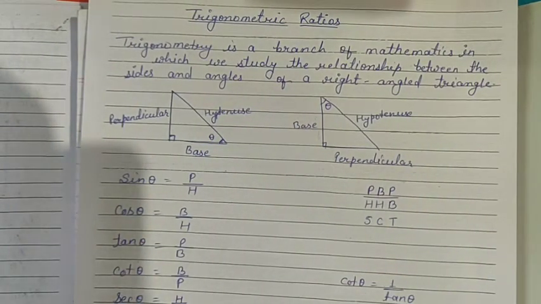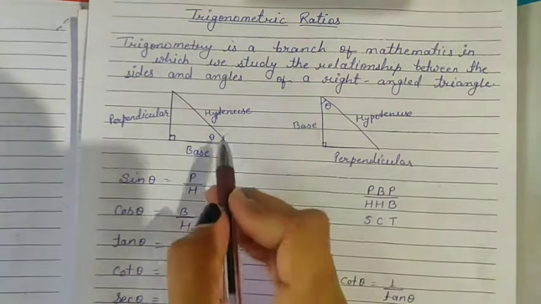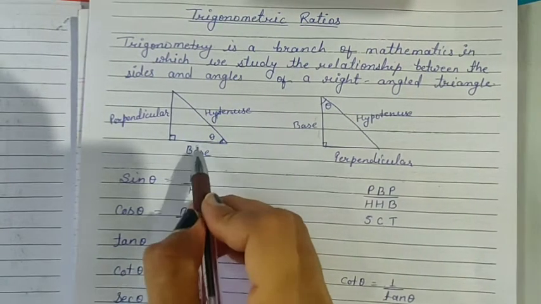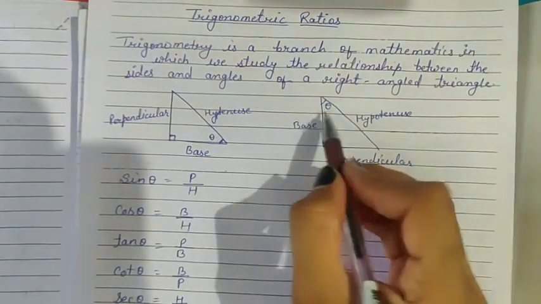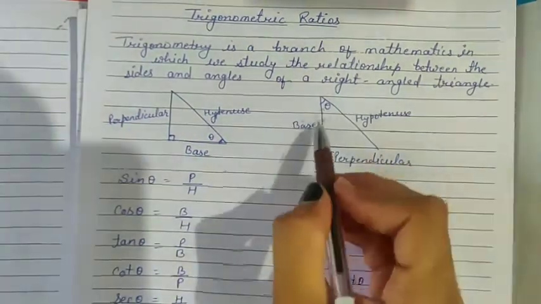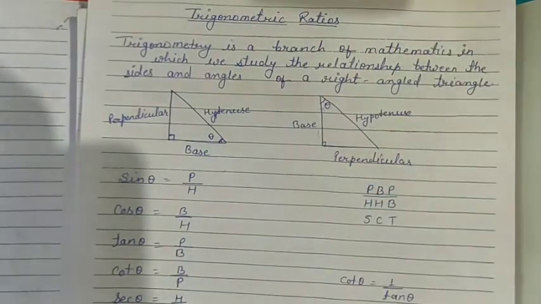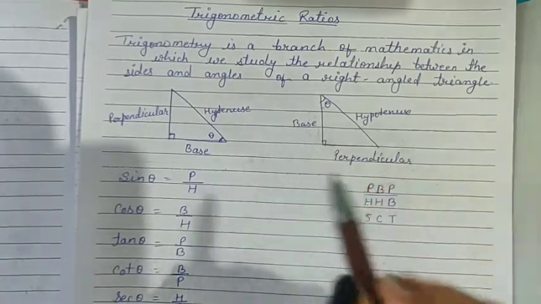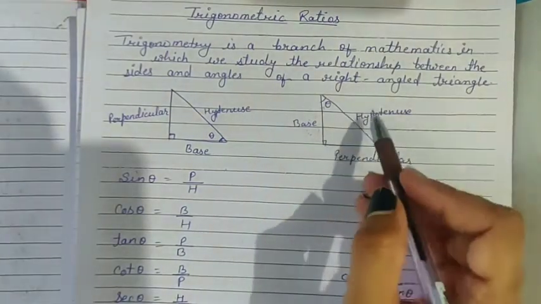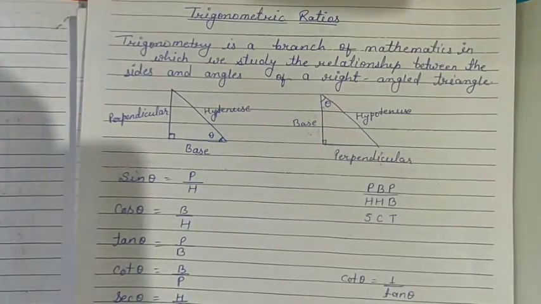The adjacent side of the given angle is called base. So if I take this angle as theta, then this is base and this is perpendicular. And if I take this other angle as theta, then this side is base, because the adjacent side of this angle is this. So this is base and this is perpendicular, and the hypotenuse will remain the same.